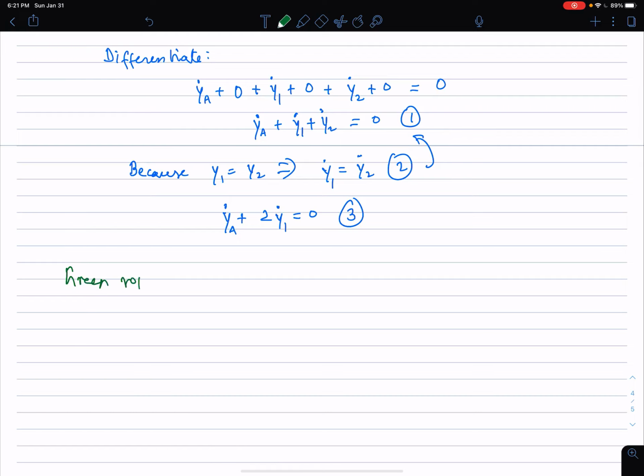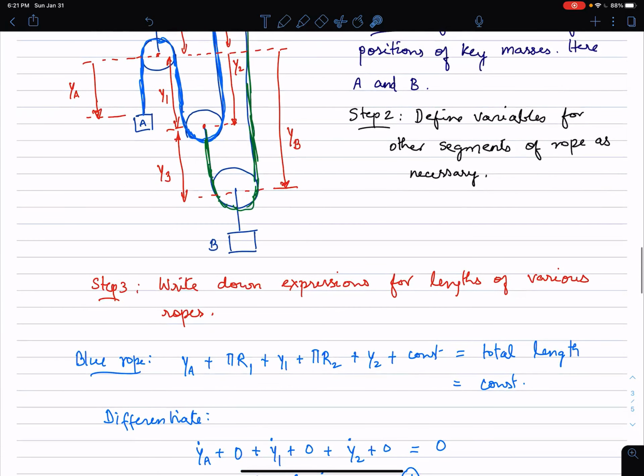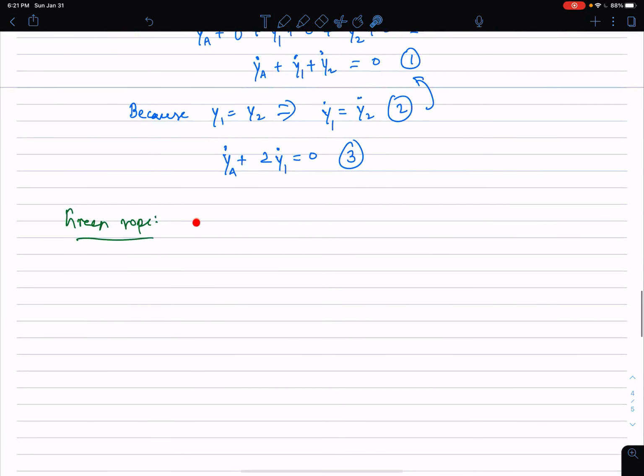So green rope: Y3, pi R3, YB, constant. Constant equals total length, which is still a constant because it is inextensible.